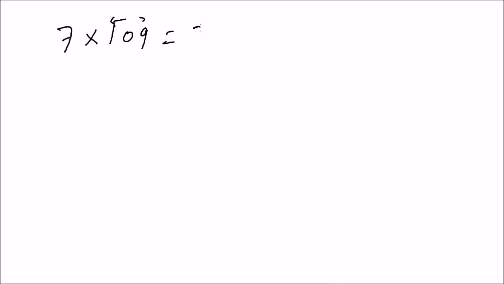So take 7, that is this number, and then take the bigger number and split it into two easier numbers, that is 100 plus 9. When you do the reverse process the number remains same, that is 100 plus 9 will give you 109 still. So now do the multiplication with the brackets, that is the number outside the bracket has to be multiplied with the numbers inside the bracket.